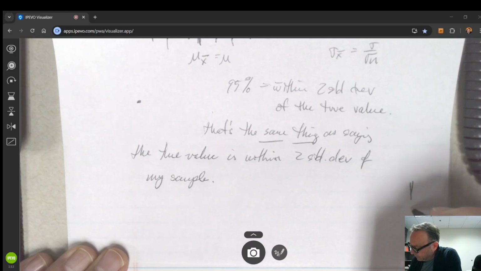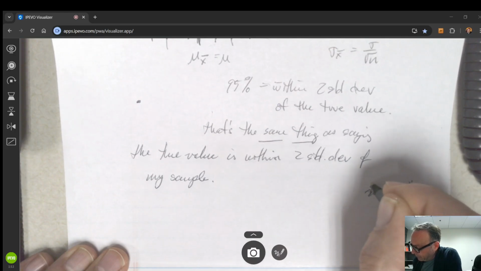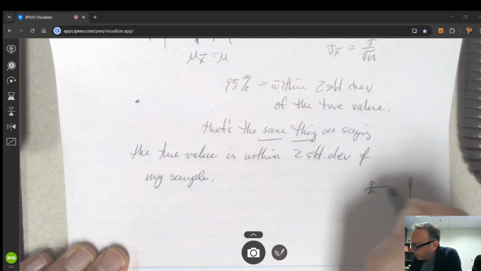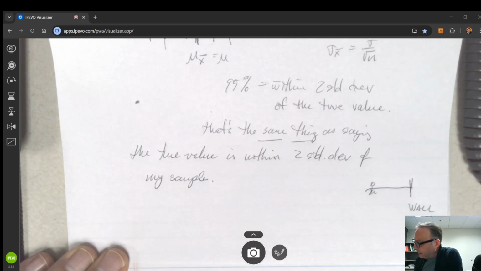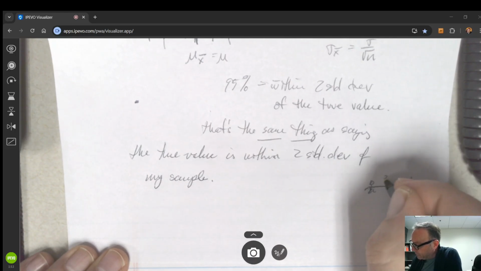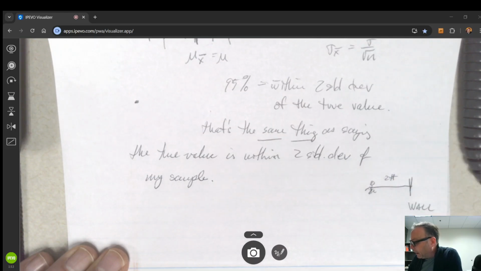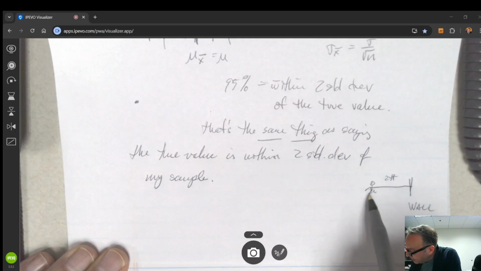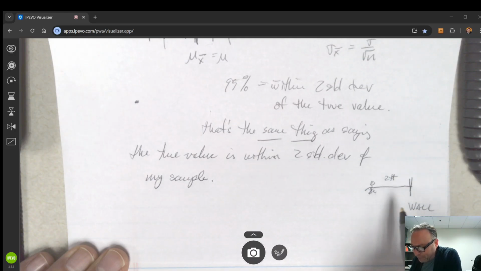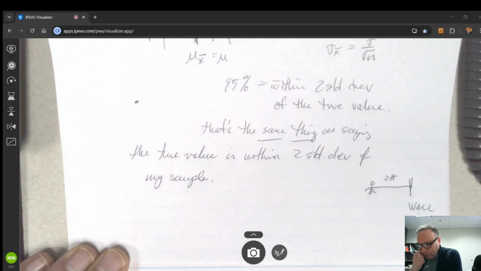Here's the wall, and this is me over here, trying to explain this to you. I'm saying, look, I guarantee 95% likely that I am within 2 feet of the wall. That's the same thing as saying 95% likely that the wall is within 2 feet of me. That's the trick.